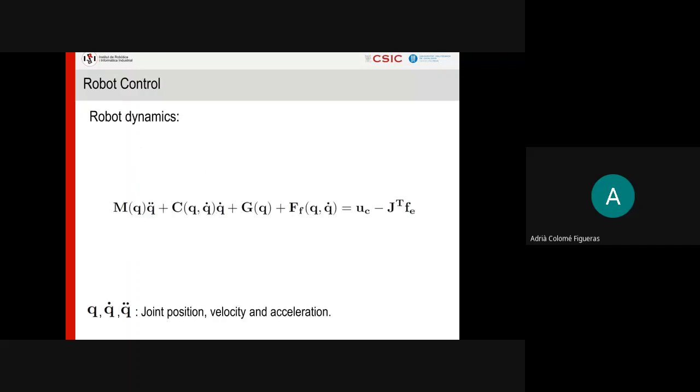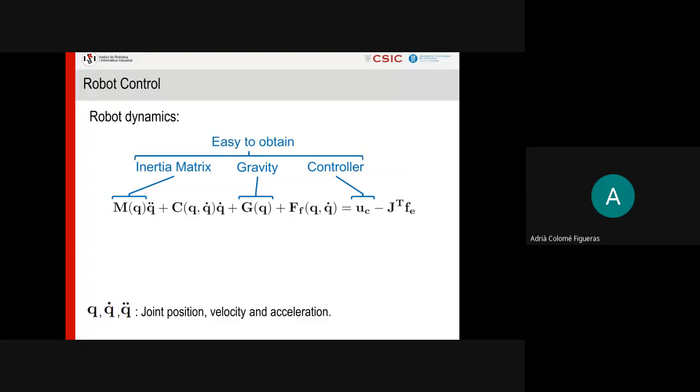So if we take a look at the robot dynamics equation, then this is what we have, where Q is the position, velocity, and acceleration, and we have this inertia matrix, the gravity terms, and the controller action. And these are easy to have because we either get them from the CAD files or by the weights of the components of the arm, or the controller, which is what we send to the robot.